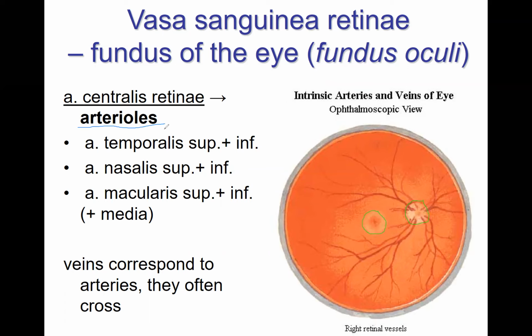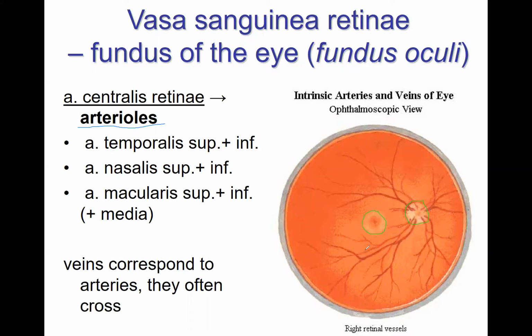They are very small, less than 100 micrometers, but they are fine. So hypertension and diabetes, which are angiopathic diseases, show their symptoms on the fundus of the eyeball quite soon.